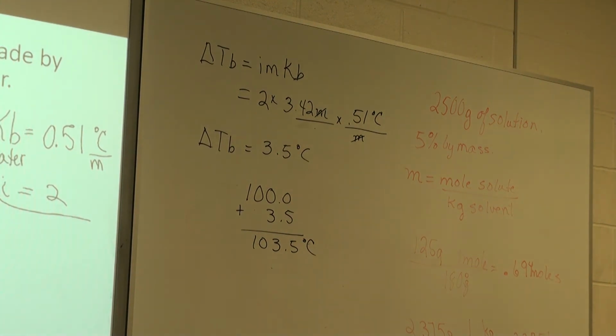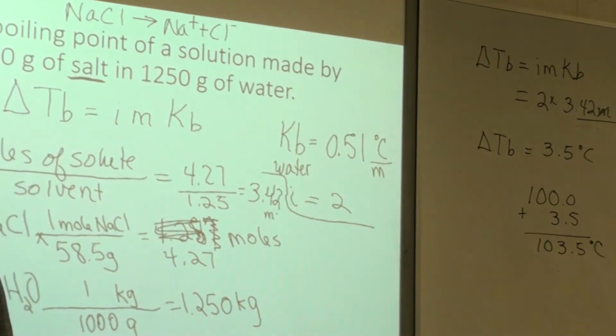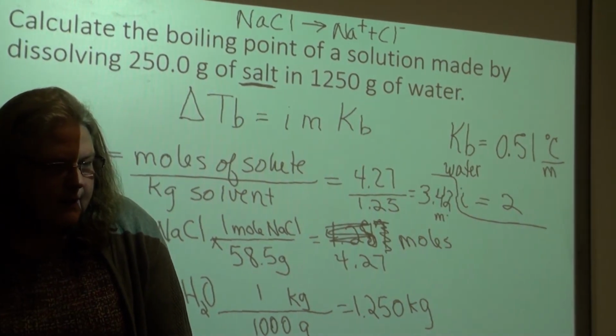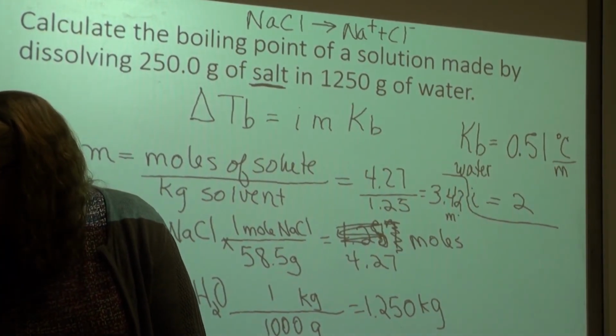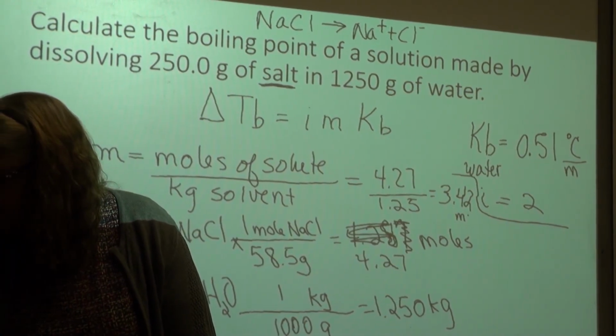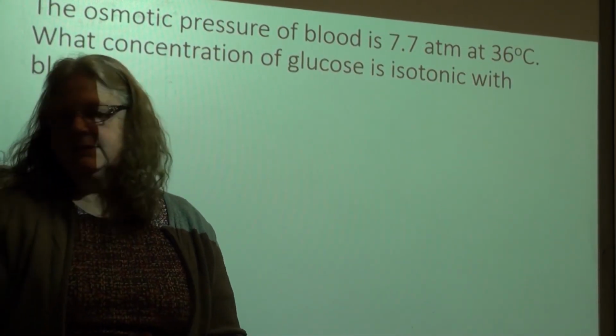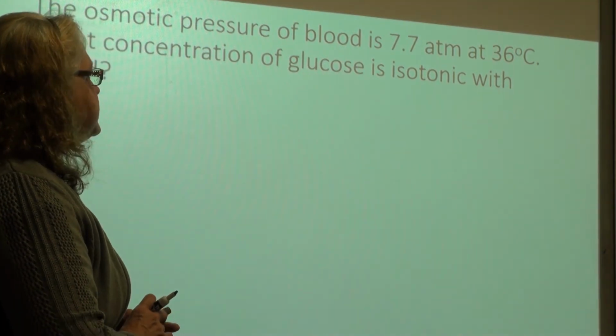All right. There's an osmotic pressure problem on the next slide. I want you to see if you can calculate this. This tells me what the osmotic pressure of blood is.